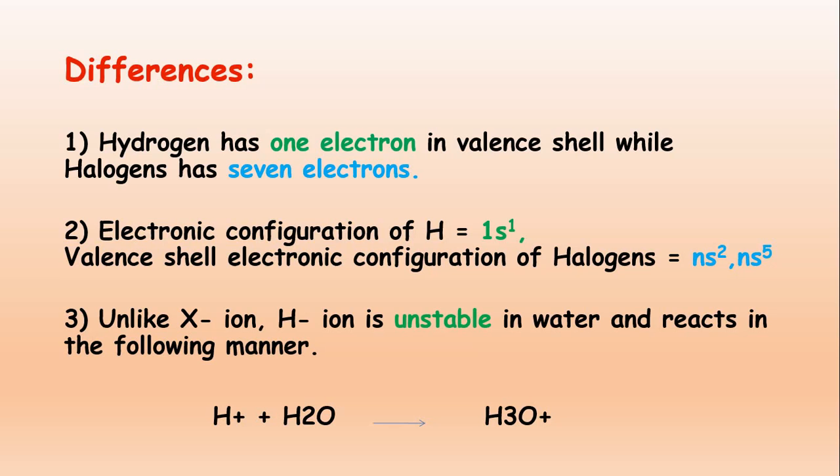The last one is that, unlike X, meaning the halogen ion, the hydrogen ion is unstable in water and reacts in the following manner. Halogen ions are stable, but the hydrogen ion, as we have already discussed, is unstable. It reacts in water to produce the hydronium ion. So these were the differences when we compare hydrogen with the 7th A group halogens.